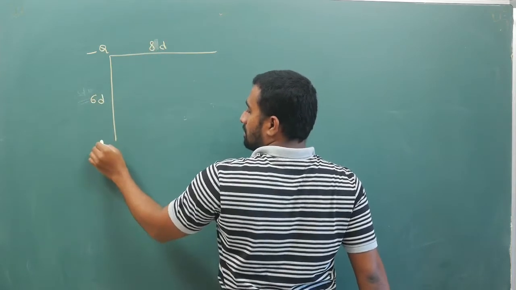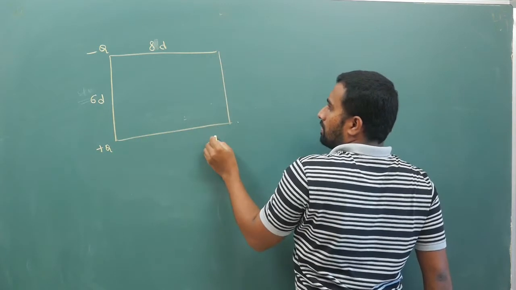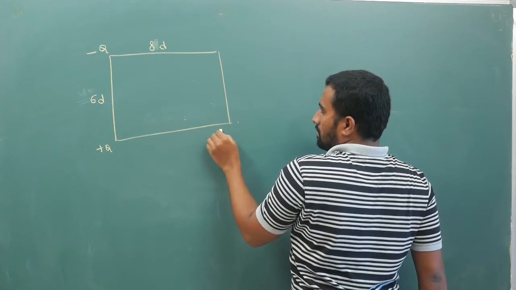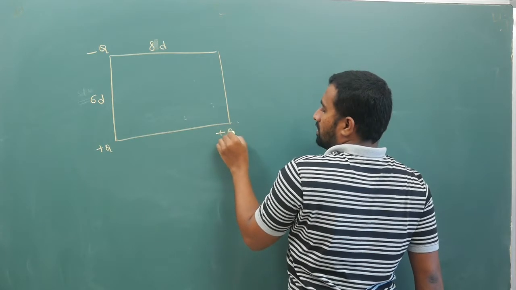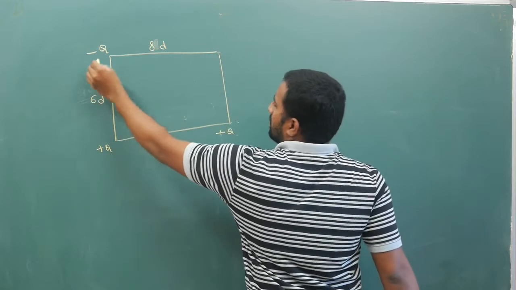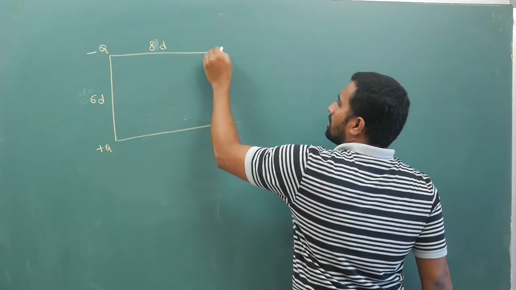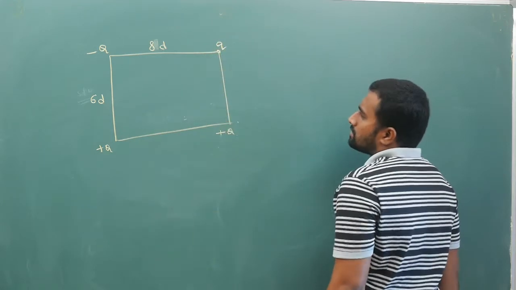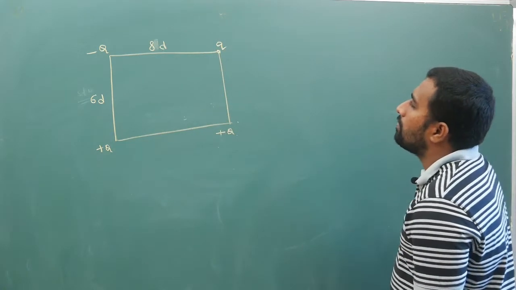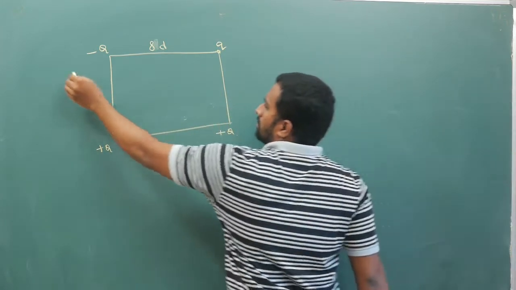This is 6d, plus q here, one more charge plus q is here, and let us say a minus q charge is here. This is 8, this is 6. The question is, there is a small charge q here. Find the force on small q.